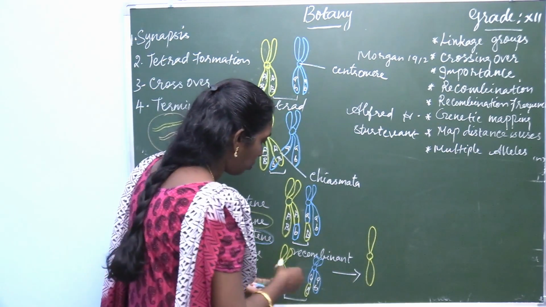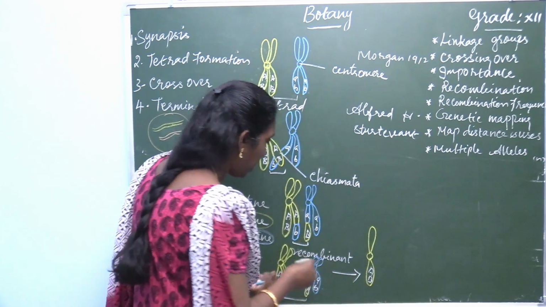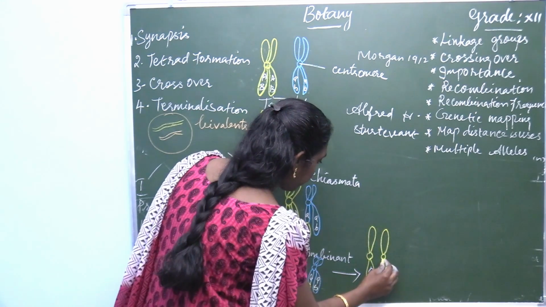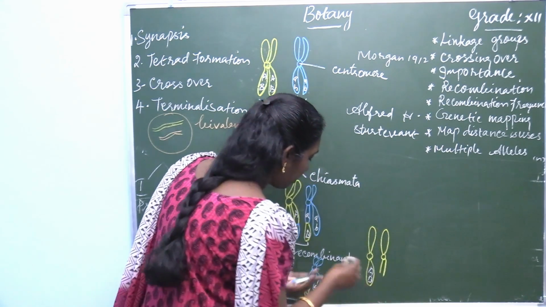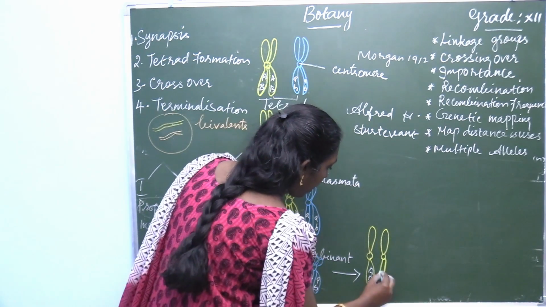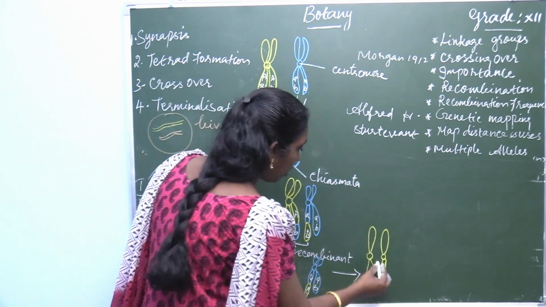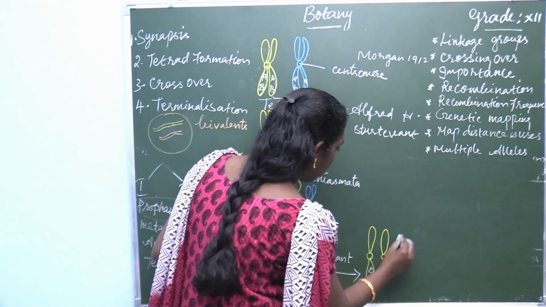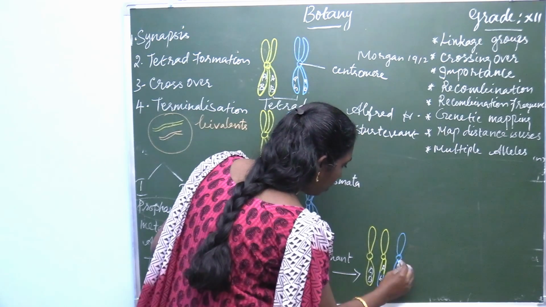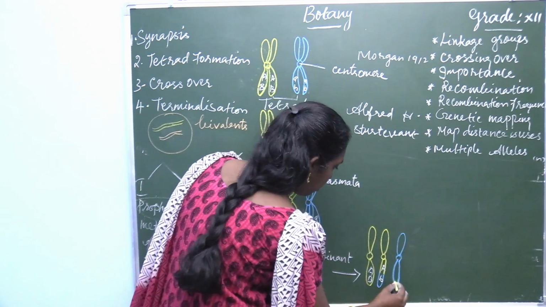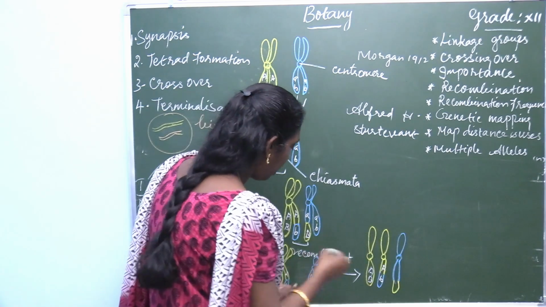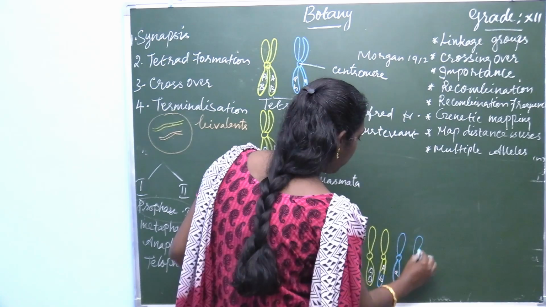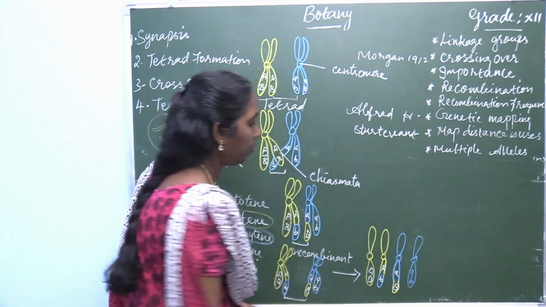So this consists of capital A, capital B, and this segment consists of capital A and small b, and this one consists of small a, capital B, and this one resembles the parent, small a, small b.